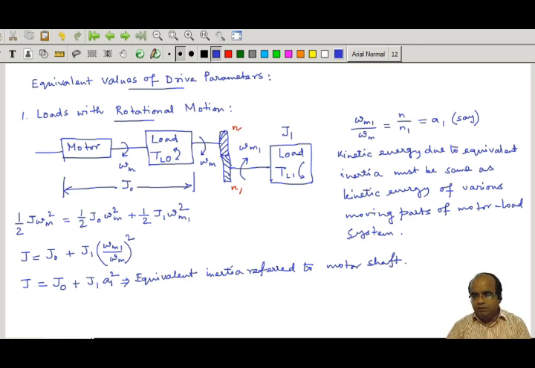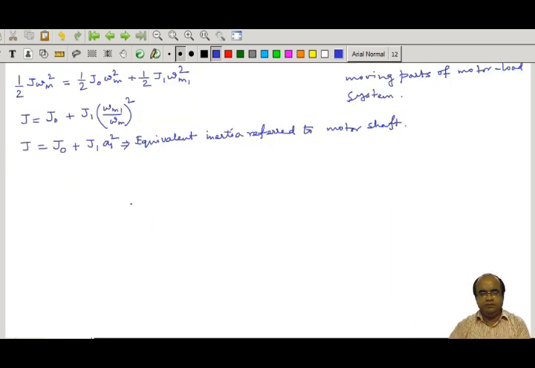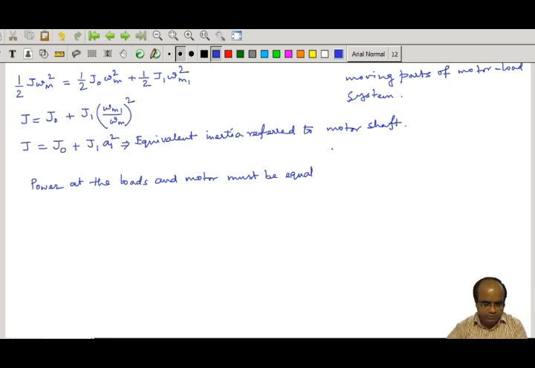Now next is the power. Same thing, power at the loads and the motor must be equal.